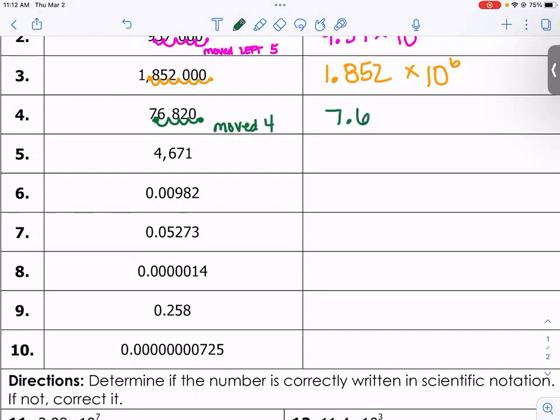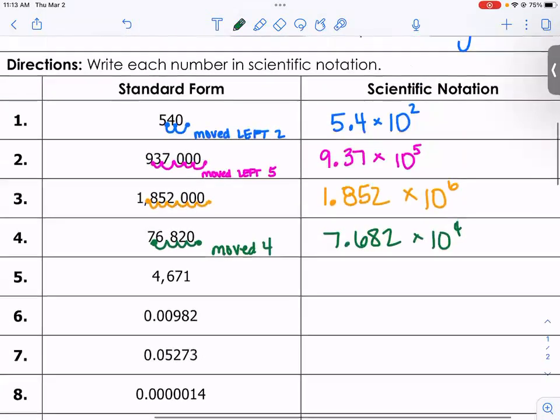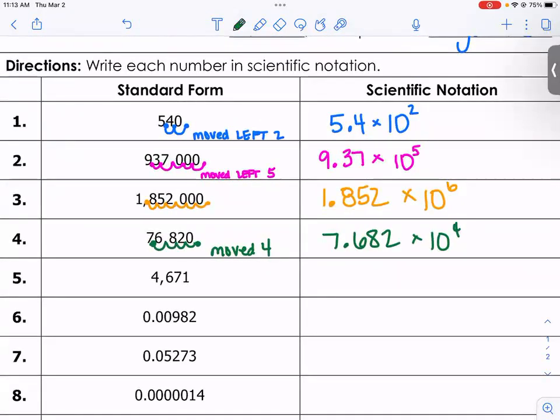So 7.682, the rest are zeros, so I won't worry about writing those, times 10 to the 4th power. So all of these in scientific notation, notice how all of these exponents are positive, because these numbers are fairly big. Now, which number out of these 4 is the biggest?